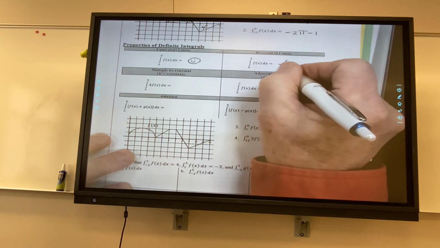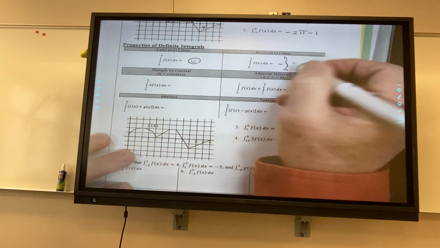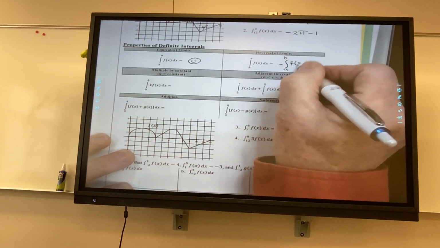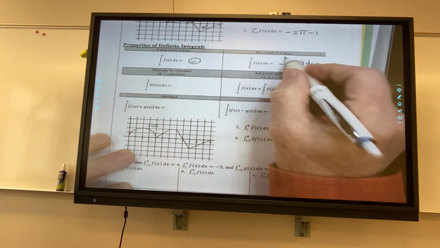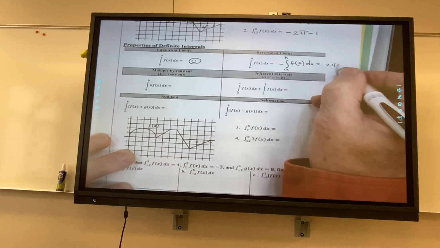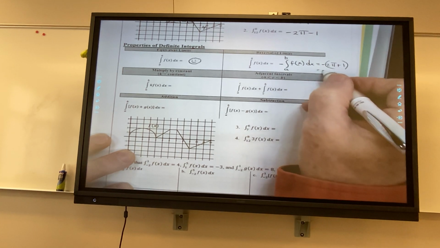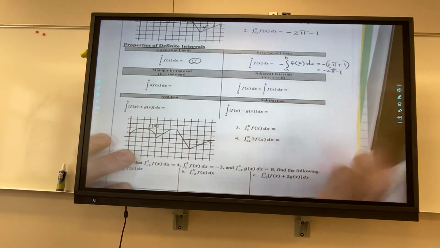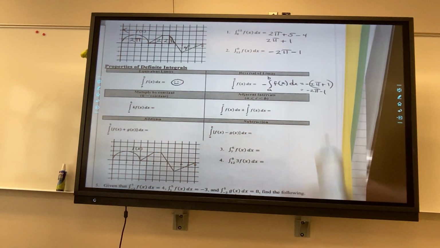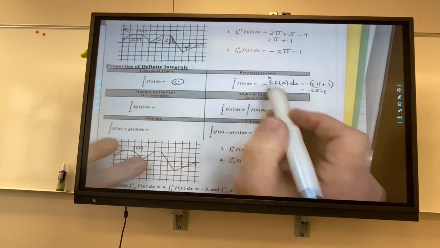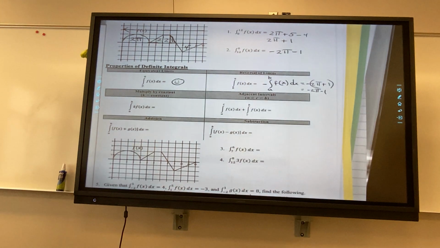So I'm just gonna write a negative outside and then replace the A and the B. So in this case, since going from A to B was 2 pi plus 1, I would simply multiply that area by a -1, I get a -2 pi minus 1, and that would be the one that we just did above. Okay, so that's the property. When you see them interchanged, when the smallest is on top, all you do is reverse them and multiply by a negative.